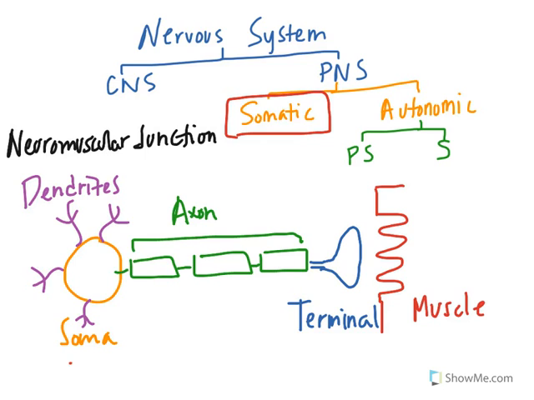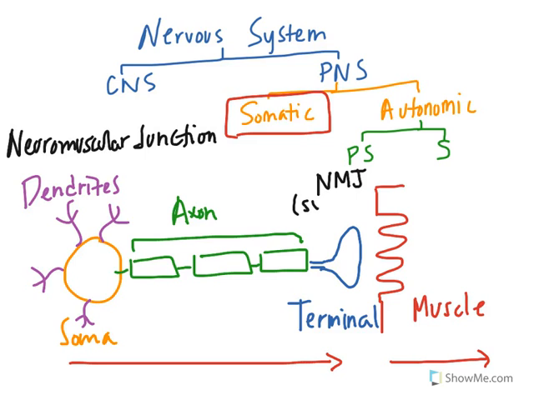And an action potential travels down the neuron and then is passed on to the muscle, causing contraction through a series of events that occur at the neuromuscular junction, also known as the synapse or synaptic cleft. So let's take a closer look at the events that are occurring at the neuromuscular junction.